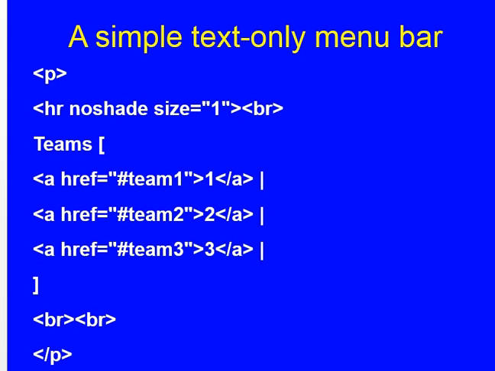It is called a hyperlink. Here they have referred to 3 links: team 1, team 2 and team 3. Similarly, br is used to break a line.